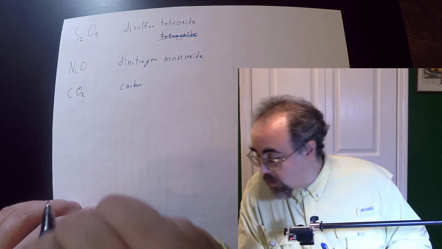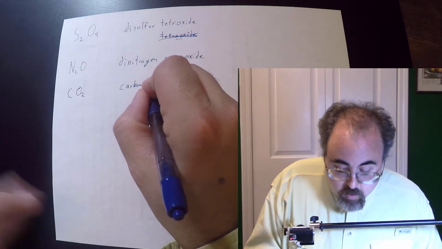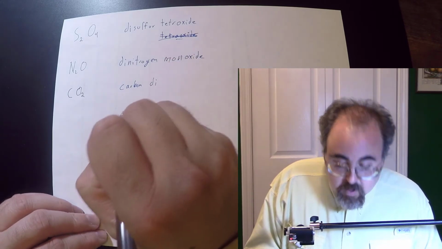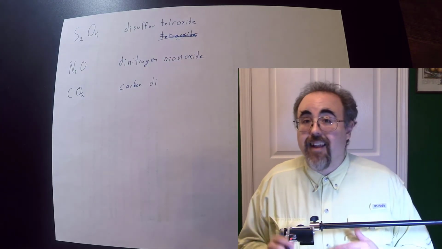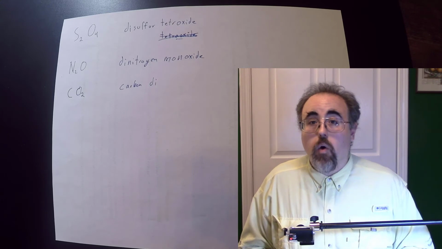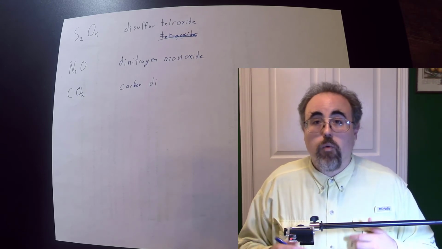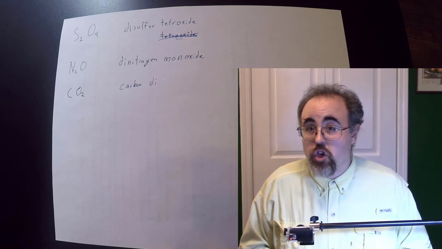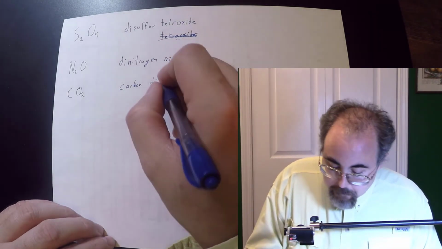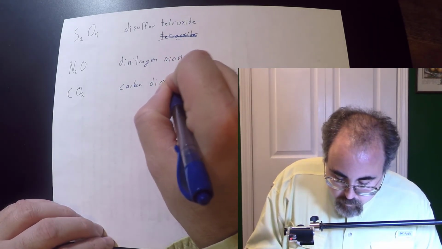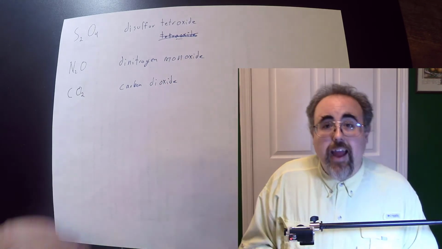Carbon, and then we're going to put the prefix. Now, di ends in an I, not an A or an O. Dioxide is pronounceable. Therefore, we use that because there's no pronunciation issues involved. Keeping the I, that just stays.